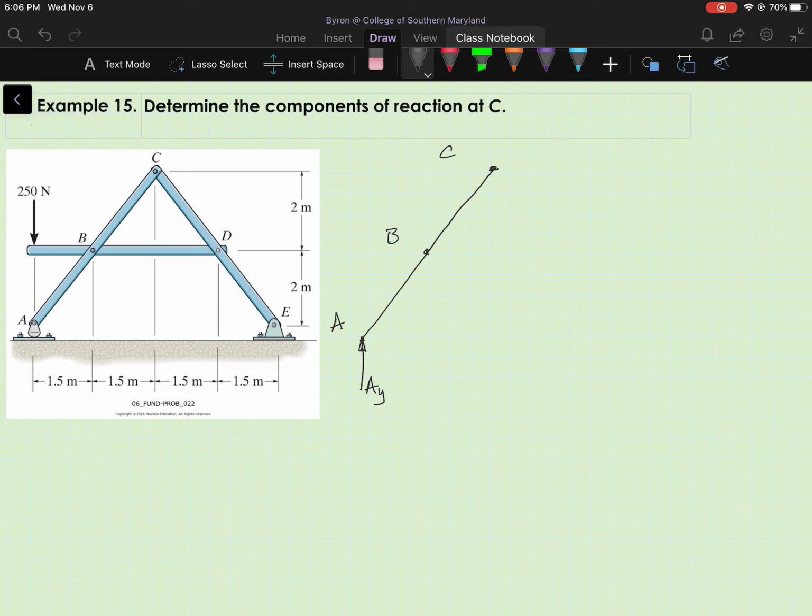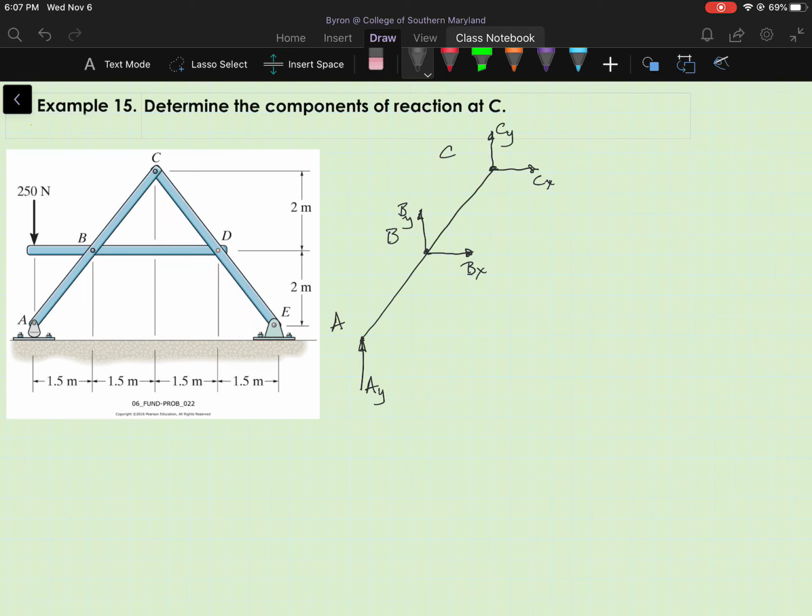At B, I have a pinned connection, so I'm going to show the x and y components of the reaction at B. And similar at C, going to show the two components of the reaction at C.